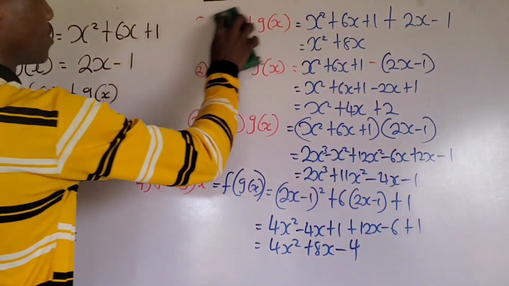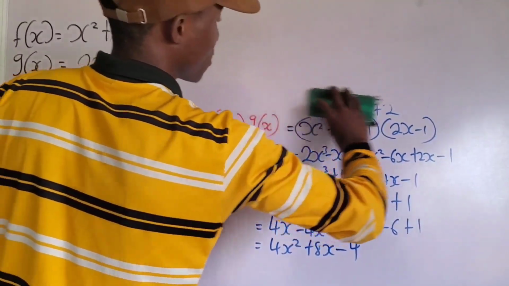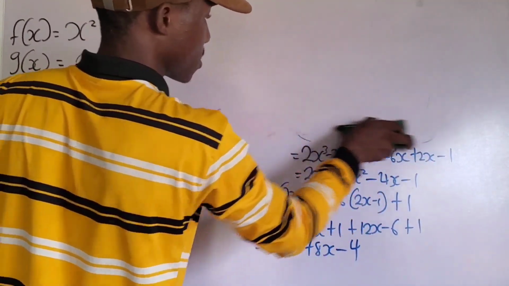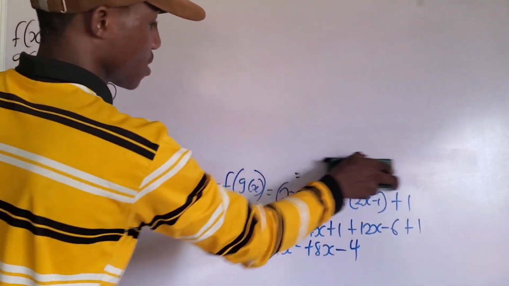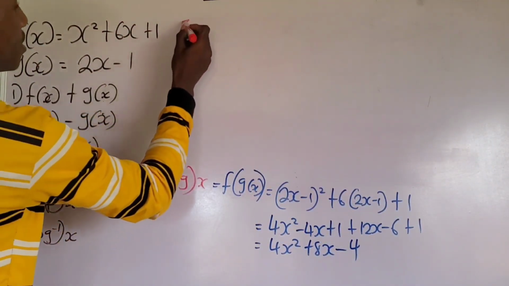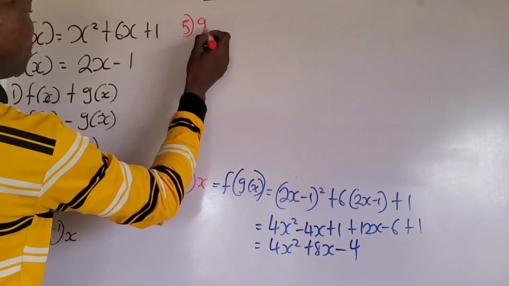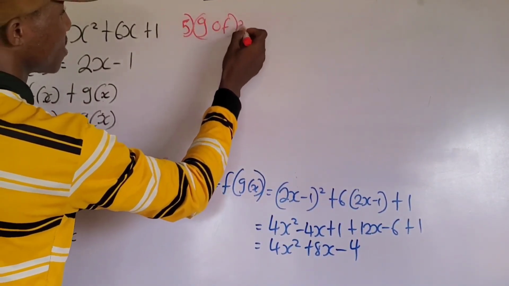Okay, now for question 5, we have g of f of x.